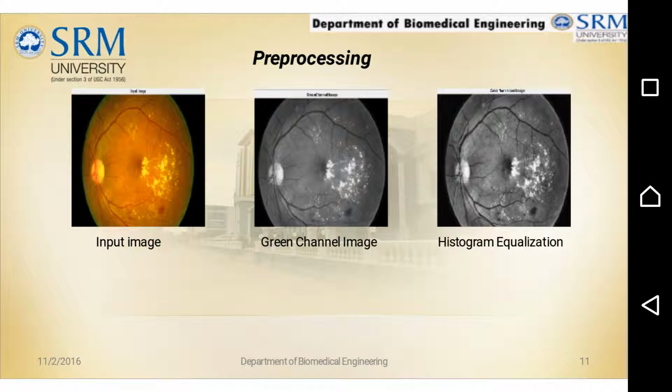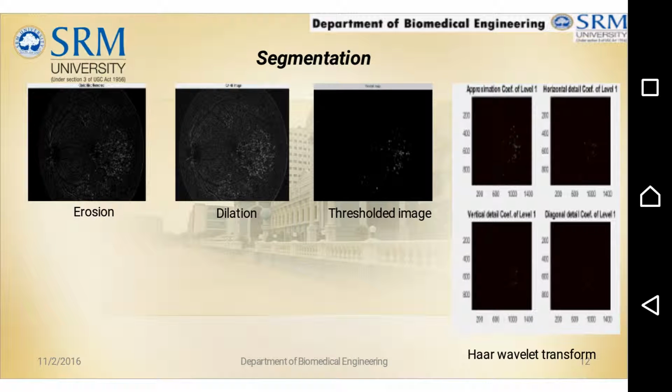Now the input image or the test image is taken. Green channel is extracted out. Now histogram equalization is performed. Then erosion and dilation, which is part of optic disc removal, is done.